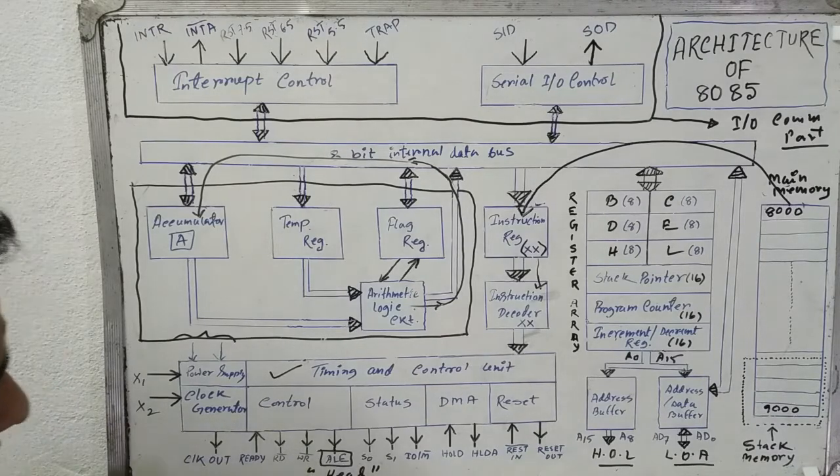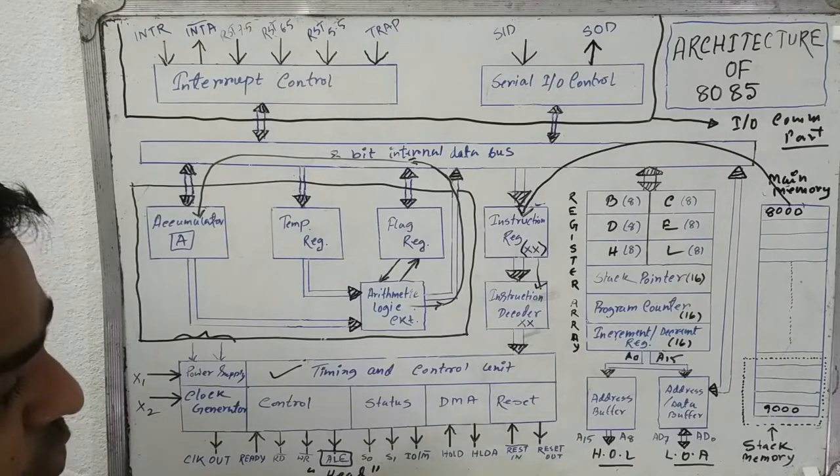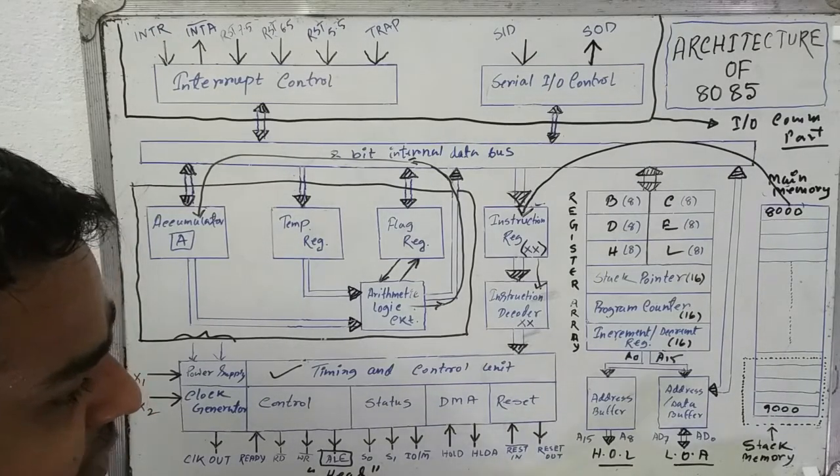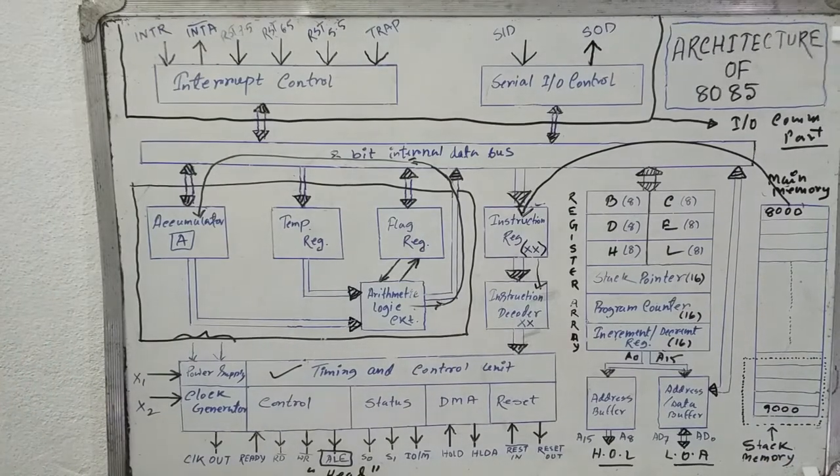That means by enabling the control signal ALE, address latch enable, it can convert the lower order address line to the data line or the data line to the lower order address line. We will see this in a future lecture, and in detail we will see the basic operation of ALE.